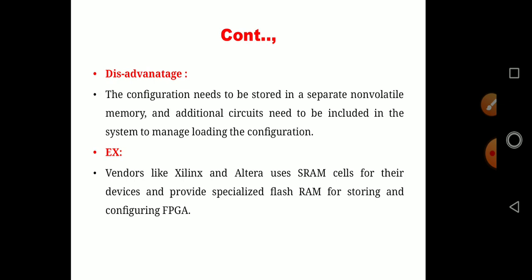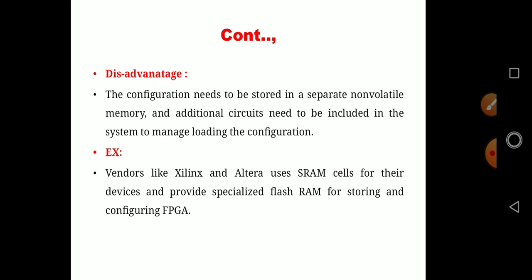But what are the disadvantages of this form? Usually volatile static RAM is used for storage in FPGAs, but when the power goes, the data is lost. So an extra memory is required to store the configuration information, and the configuration needs to be stored in a separate non-volatile memory.